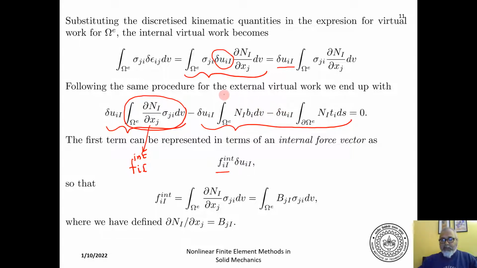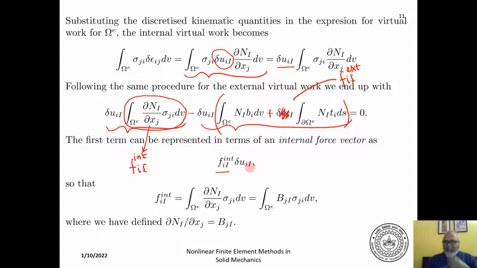This part is also a force which we will call F ii ext. So the internal virtual work is the virtual work done by the internal forces, whereas the external virtual work is the virtual work done by the external forces, F ii.